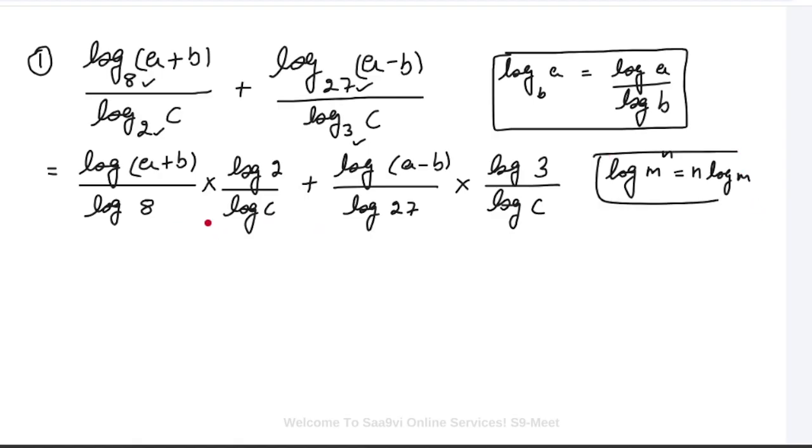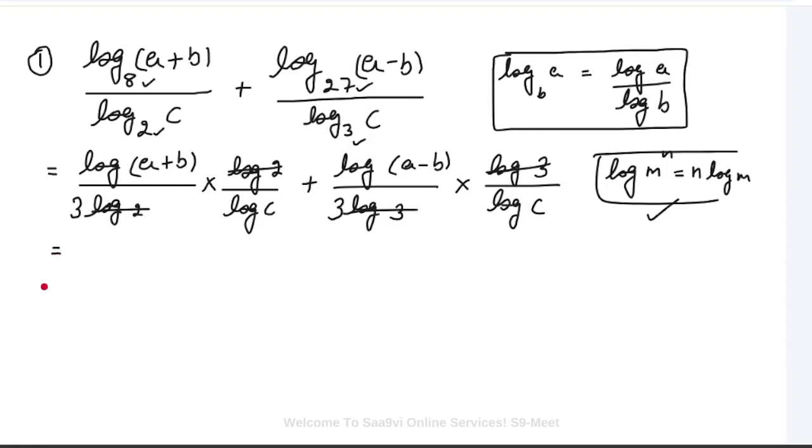This 8 can be converted to 2 cube, and 27 can be converted to 3 cube, and the power 3 will come in the front. Now log 3 and log 3 get cancelled, log 2 and log 2 get cancelled.